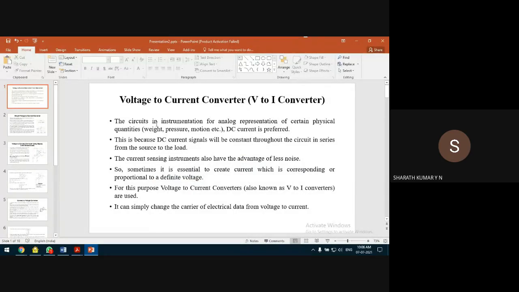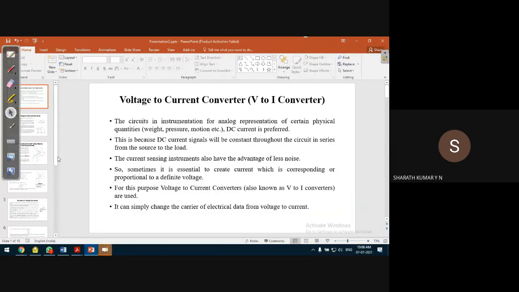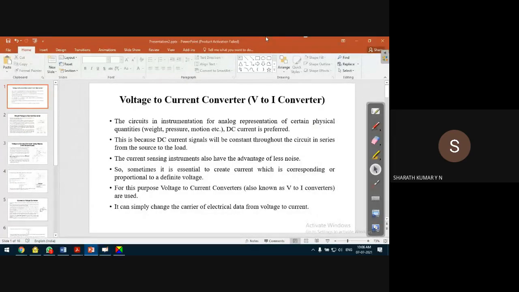So the basics of current voltage and voltage to current converter. So circuits. Listen, just a second. Just a second. Okay. Okay. This is the. Let me.